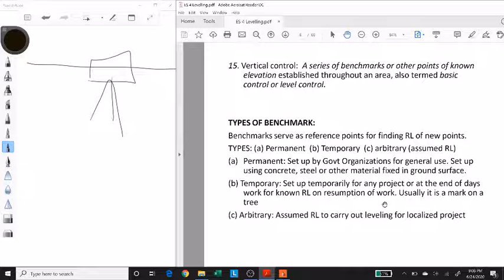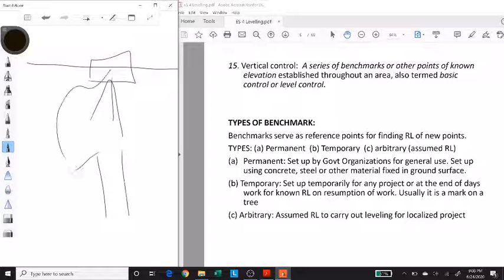So let's say this is a tree, and I can place a red mark on that tree, and I can say that the reduced level of this red line on the tree is this much. So this line on the tree becomes my temporary benchmark, so that when I come back the next day, I can use this as my reference and continue my work.